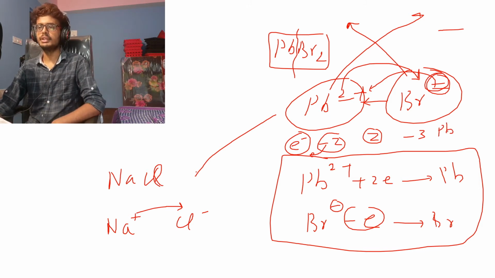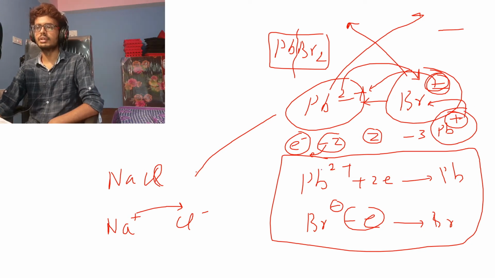What did I say Pb2+ means? Plus means deficiency of electrons. When electrons are not there, so now you can explain it, right? Why is it not there? Because it gave it to bromine. Here same thing. Na has one extra free electron, that's why it's donating.